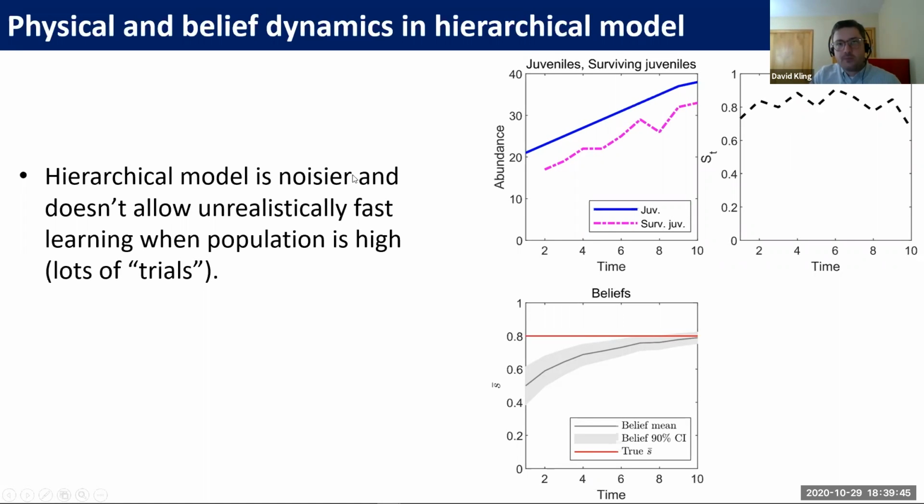One property of this that I like, as a nice illustration of the use of density projection in this context and why there was interest in this hierarchical model, is that with the simple beta binomial model, with this many trials, where the population is this high, you can have very fast convergence, unrealistically fast, where you've resolved the mystery of this fishery in just a handful of periods.